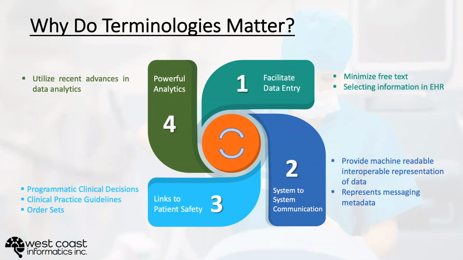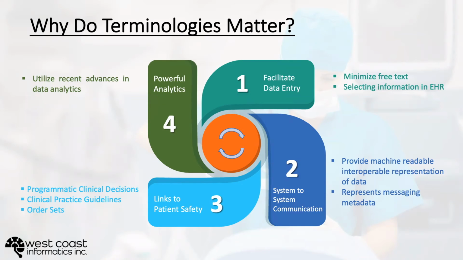And then it also allows us to link that to patient safety. Programmatic clinical decisions, practice guidelines, and order sets are all possible by using clinical terminology in the front end by recording it and then being able to link it to things that help you practice medicine in a much better way.